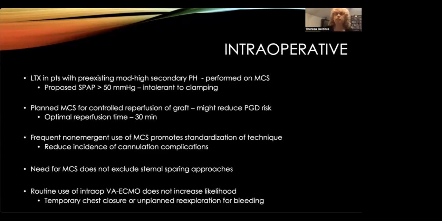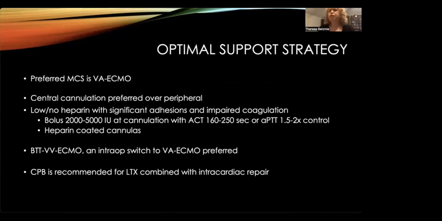The need for mechanical circulatory support does not exclude the use of sternal sparing approaches. The routine use of intraoperative VA ECMO does not increase the likelihood of temporary chest closure or unplanned re-exploration for bleeding. The preferred mechanical circulatory support is VA ECMO, and central cannulation is preferred over peripheral.